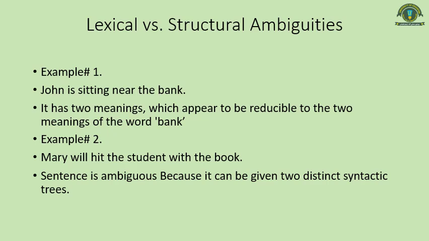The sentence is ambiguous because it can be given two distinct syntactic trees. In example number 2, the ambiguity is created at the sentence level, because of the sentence, not because of a word. So this was the lexical and structural ambiguities, and we have discussed in this lecture the sentence structure and their ambiguities as well. Thank you so much for listening.